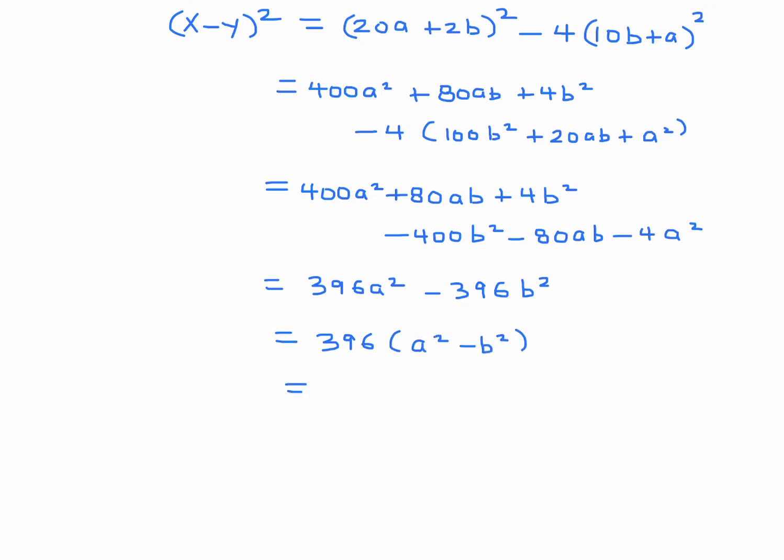And 396 is 36 times 11. And this is going to just be (a minus b)(a plus b). And 36, I will write that as 6 squared.